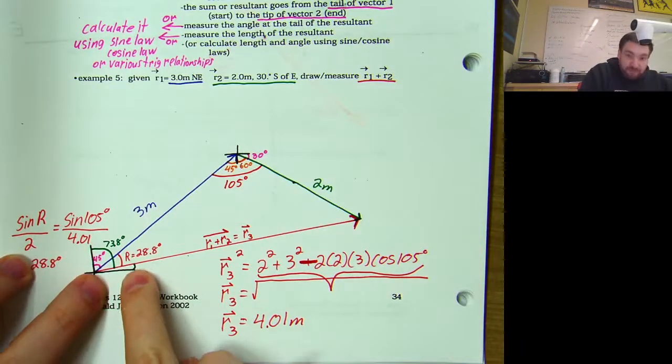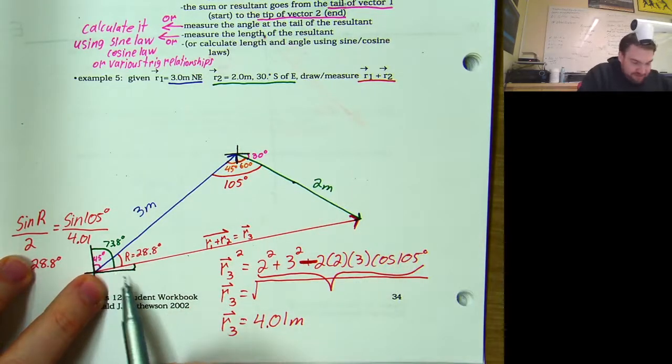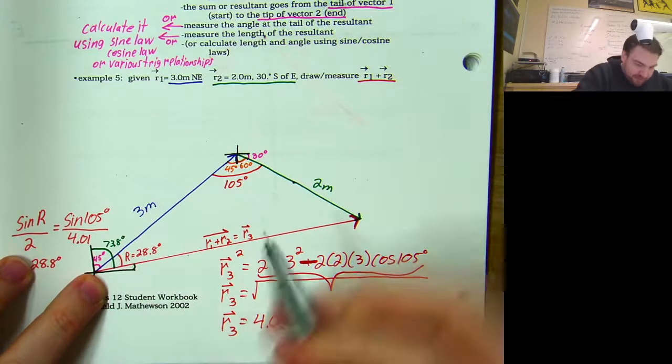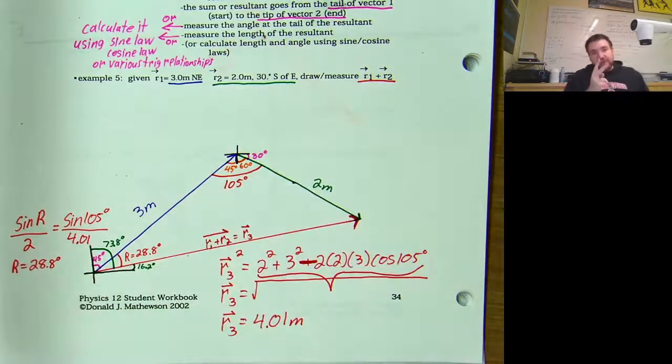So that's going to be 73.8 degrees. Or we could go up from east, or north from east. If we do that, if this is 73.8, this is going to be 90 minus 73.8. That's going to be 16.2. So there's two different ways we can quote our answer.